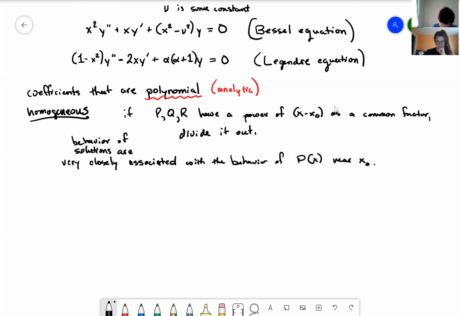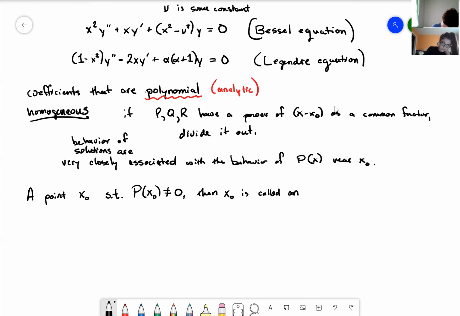Okay, so if we have a point x0 such that P of x0 is not equal to 0, then a point like this is called an ordinary point.